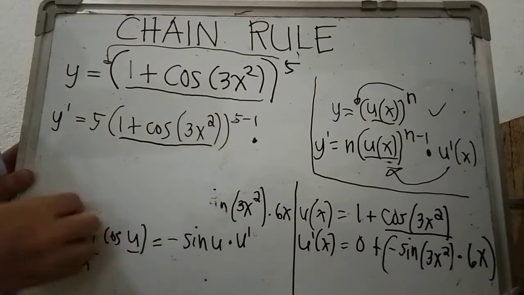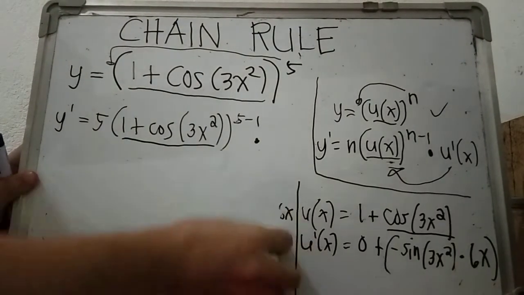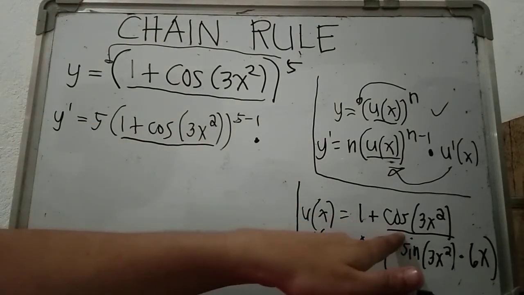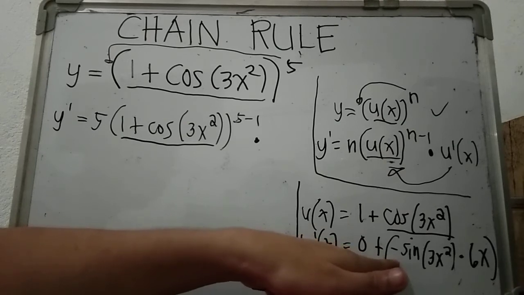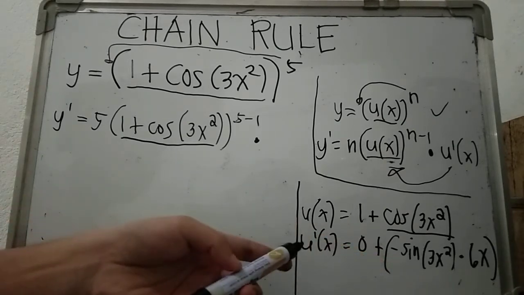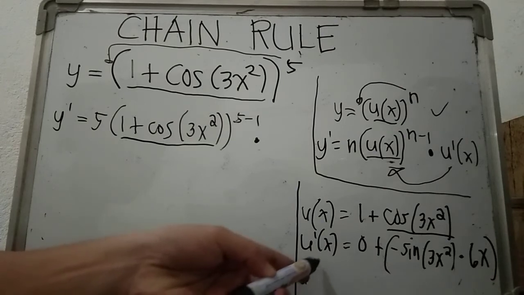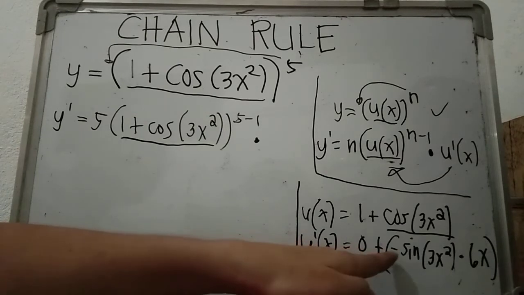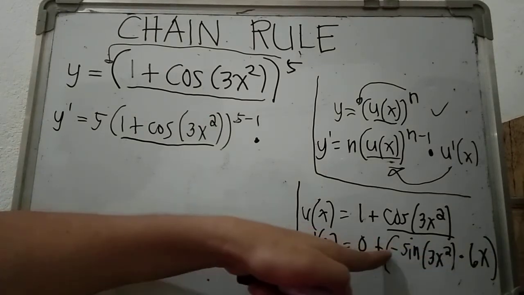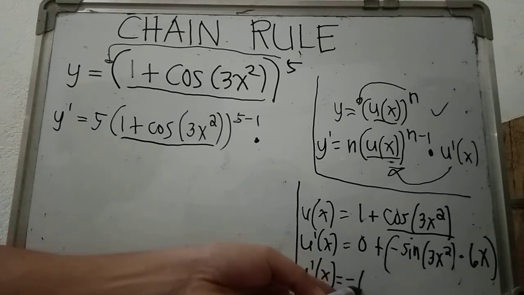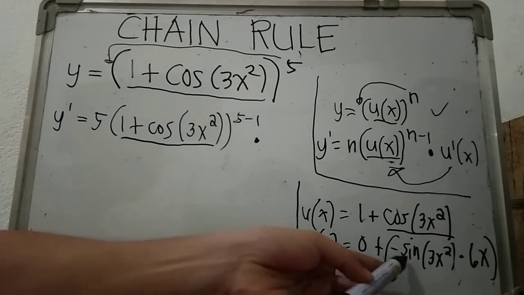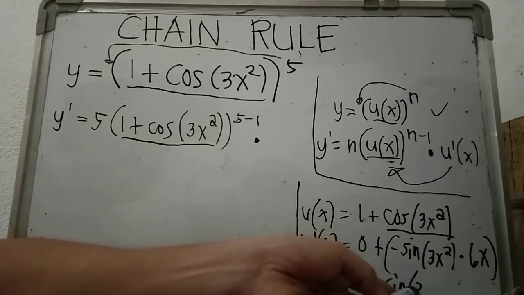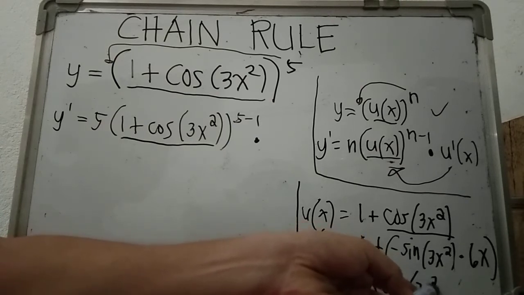So we can erase this one. The derivative of 1 is 0. The derivative of the second term, cos 3x squared, is negative sine 3x squared times 6x. Simplifying our u prime of x, 0 is just nothing. Negative times 6x is equivalent to negative 6x, and then copying sine and copy 3x squared.